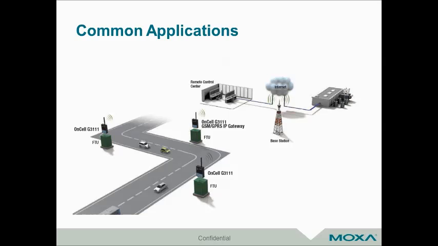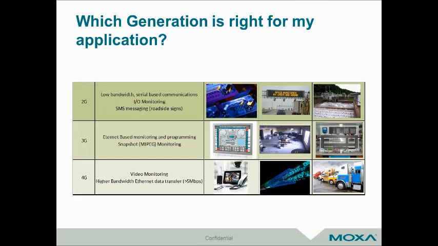It's already there. It tends to cost a little more over time, because similar to the way your cell phone works, you have to pay for the amount of data that you use. But it is a great technology when you're looking at long distance and smaller bandwidth. So serial over cellular is perfect for the 2G or the lower standards.